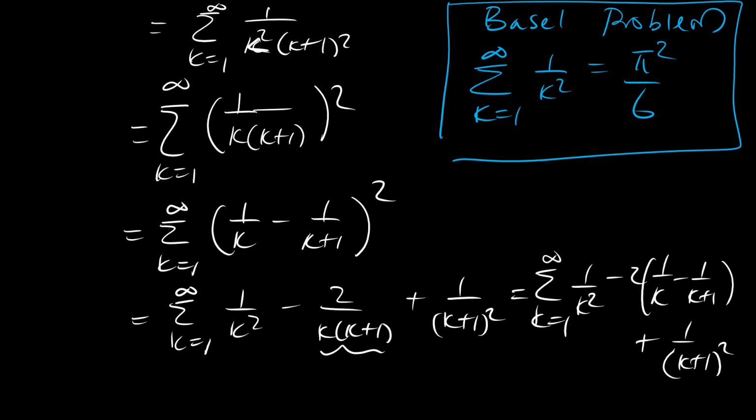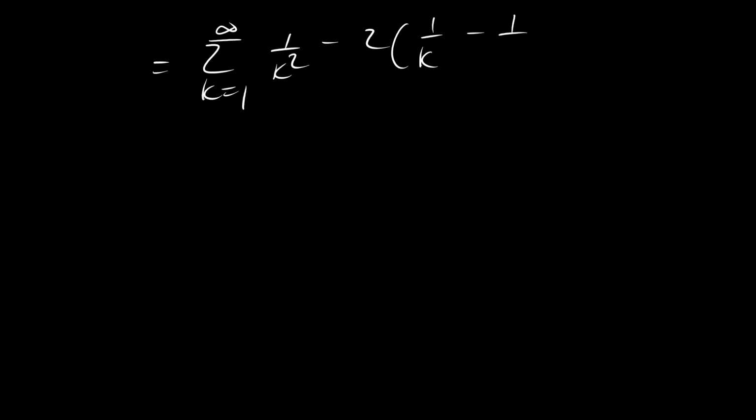Okay, so that's pretty decent. So we have now the summation from k equals 1 to infinity of 1 over k squared minus 2 times 1 over k minus 1 over k plus 1, plus 1 over k plus 1 squared.